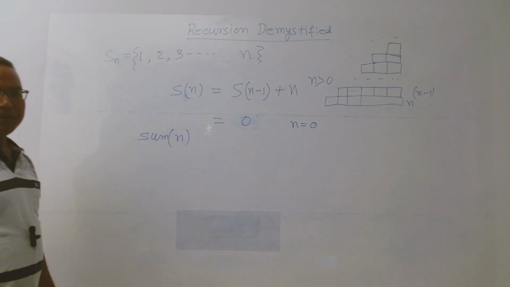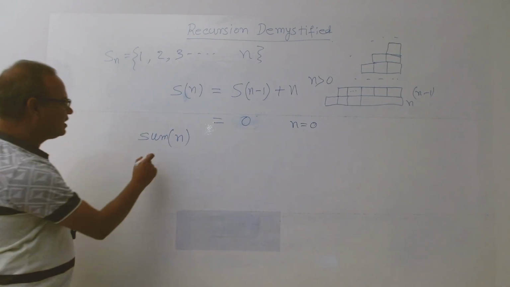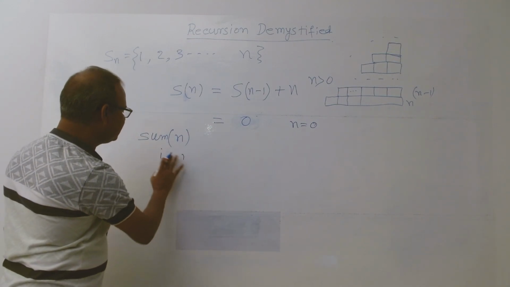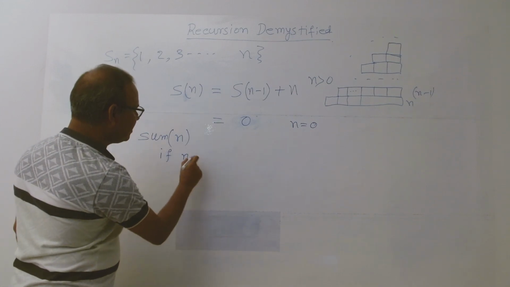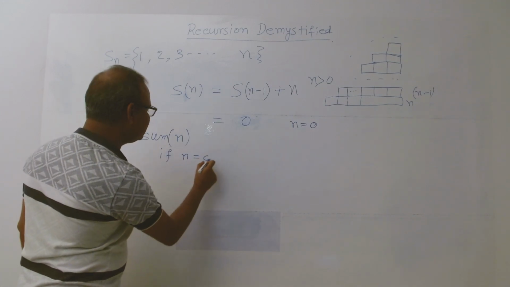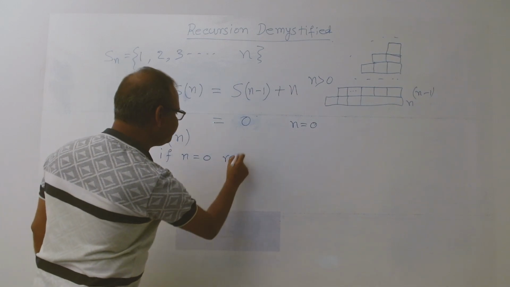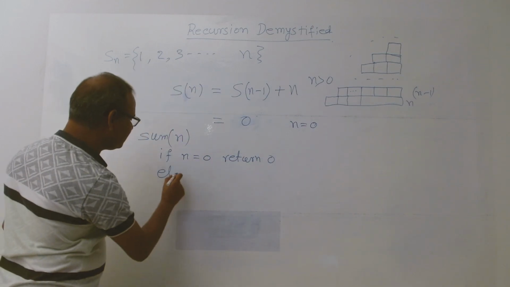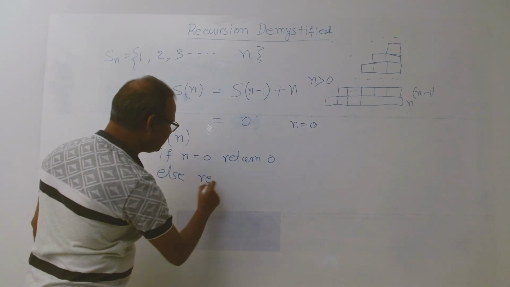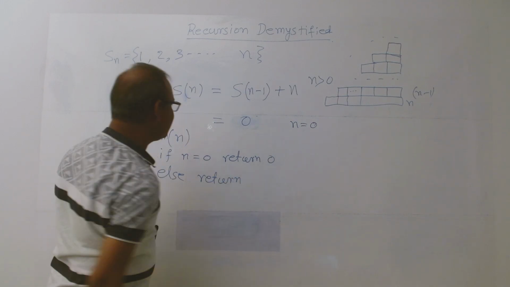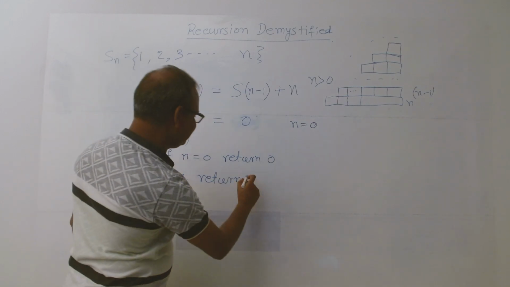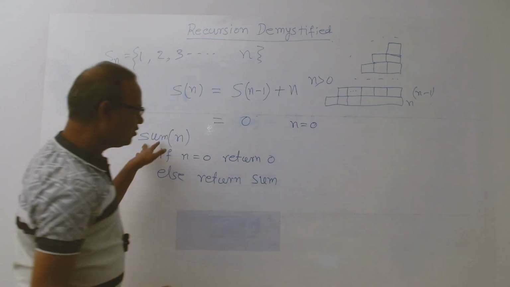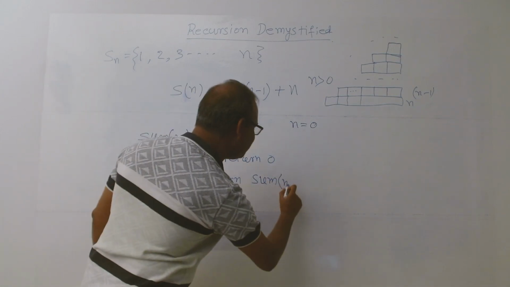So what we will do is write: if n equal to 0, return 0, else return n plus sum of n minus 1, where sum is the name of the function.